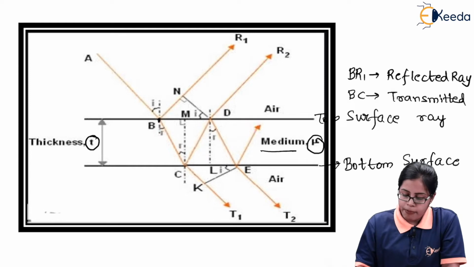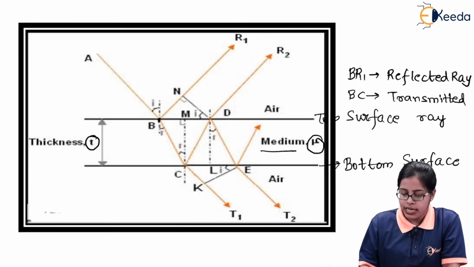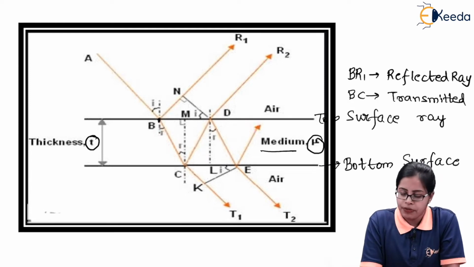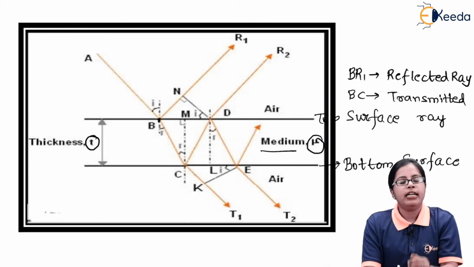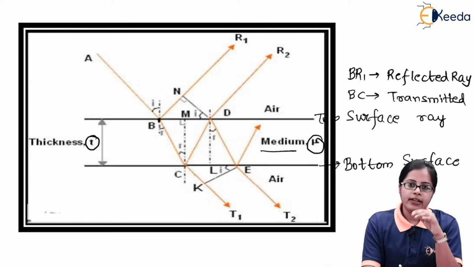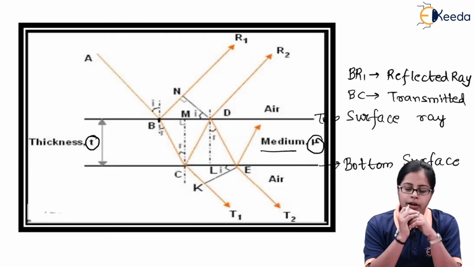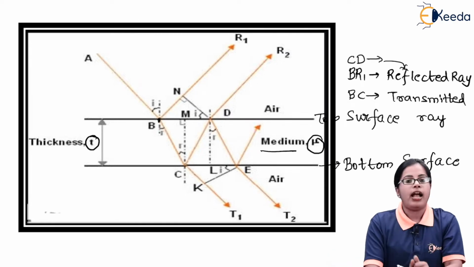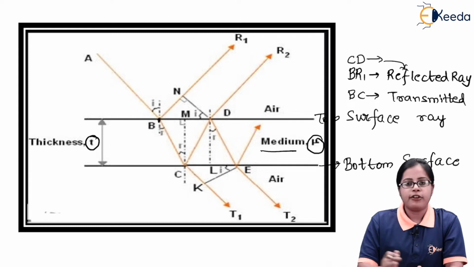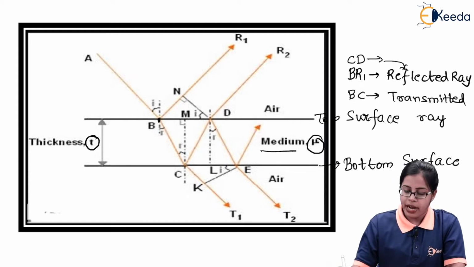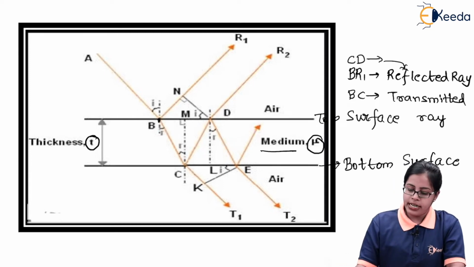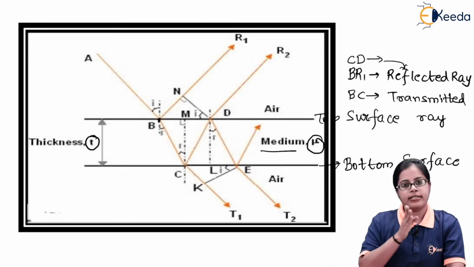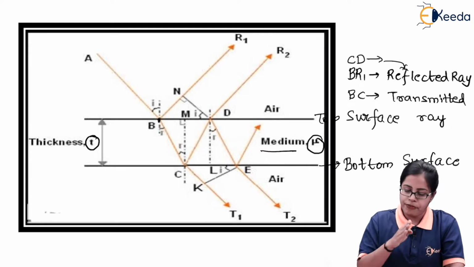Next, at point C, which lies at the bottom surface of the thin film, the transmitted ray again undergoes a small part of reflection, along CD. So we can consider CD as the reflected ray inside the thin film.